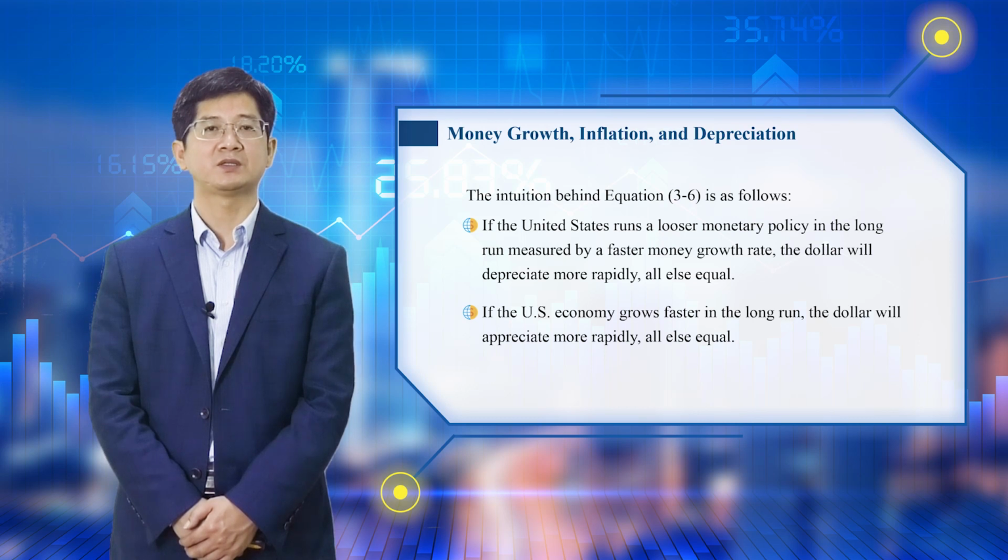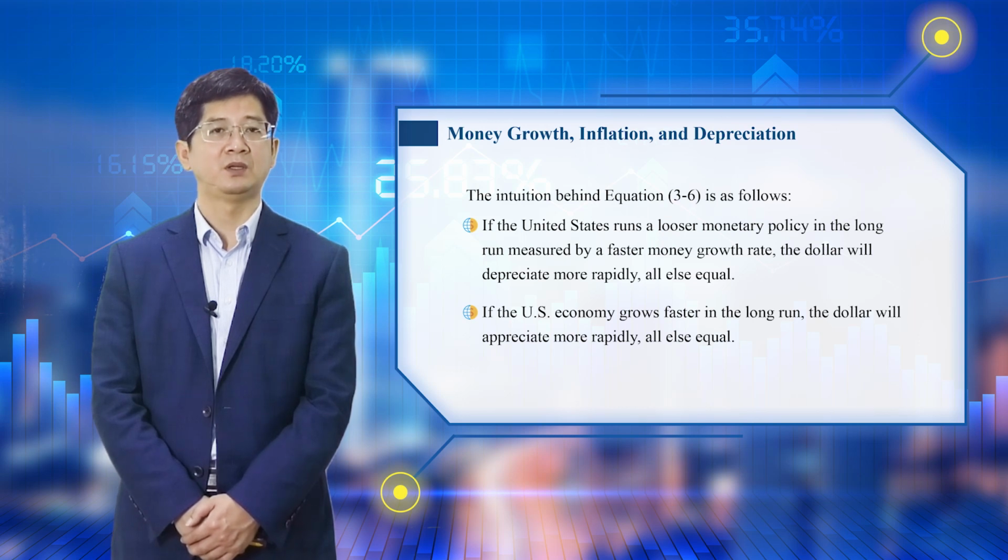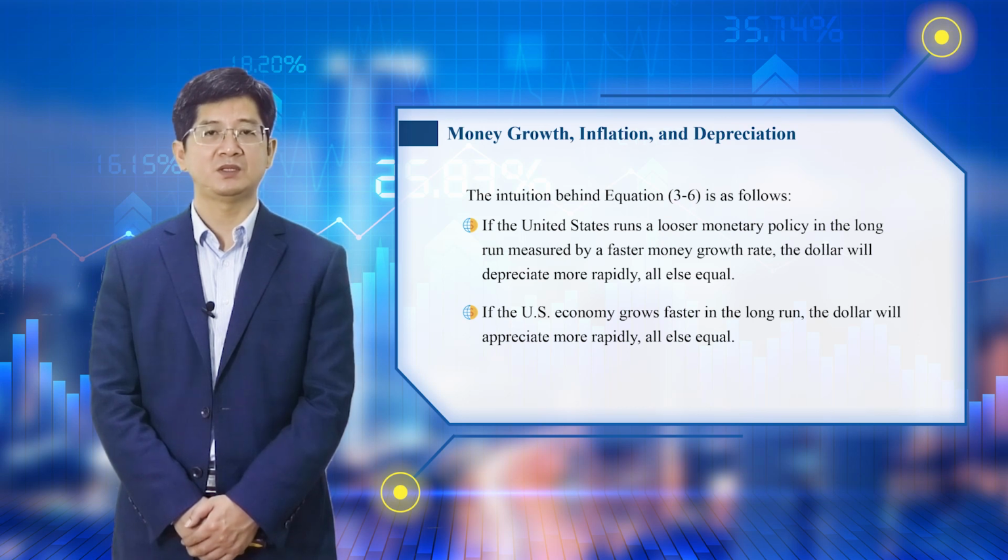Now suppose the United States has a 6% rate of change of money and 2% rate of change of the real income. Then its inflation would be the difference, 6% minus 2% equals 4%. And the rate of depreciation of the dollar would be US inflation minus European inflation, 4% minus 3%, or 1% per year.